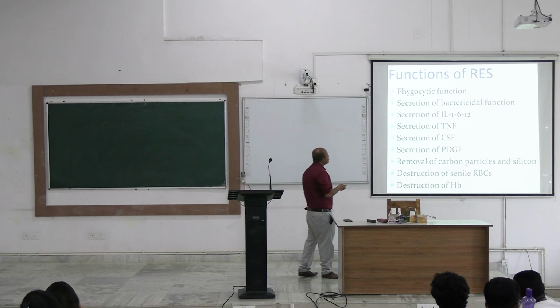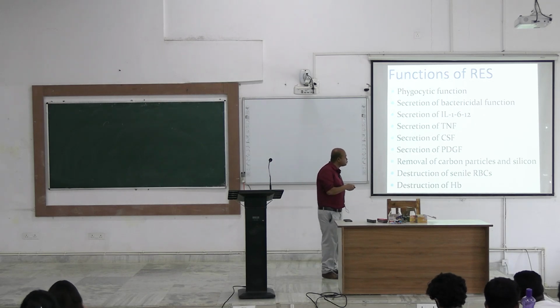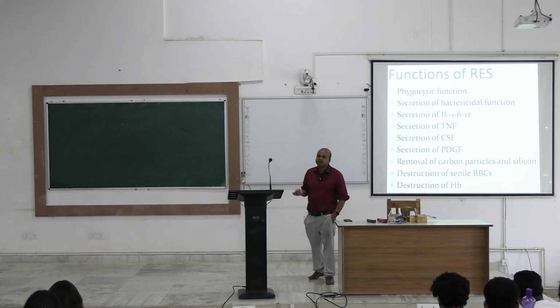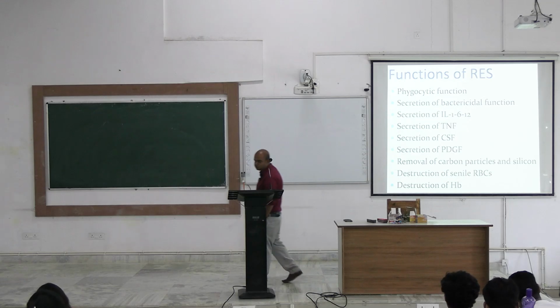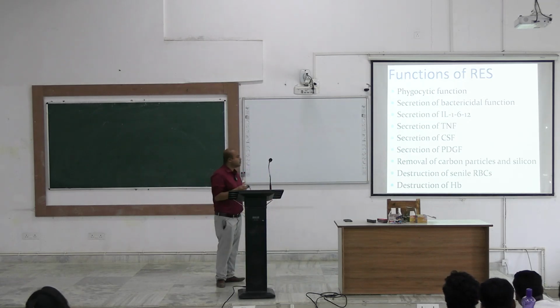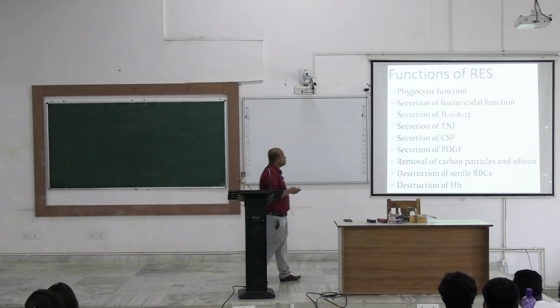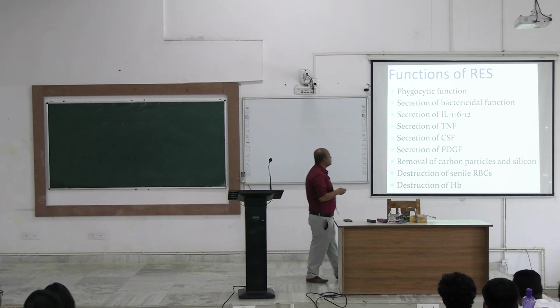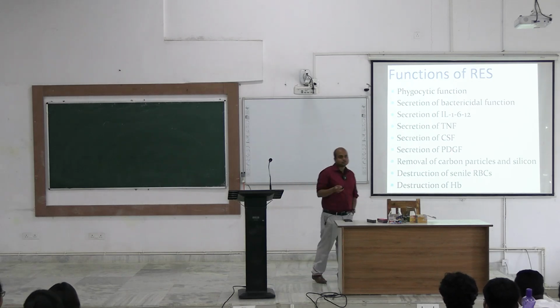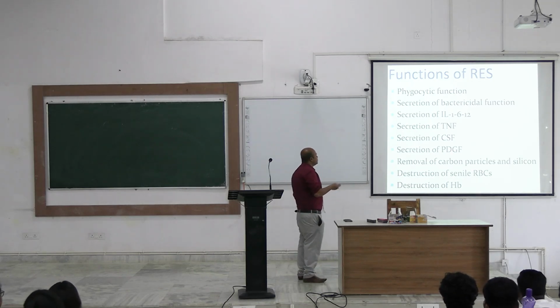Mainly, as spleen is also included, destruction of senile RBCs, destruction of hemoglobin is also considered as a part of the function of the reticuloendothelial system. But if you concentrate mainly on the immune functions, then phagocytosis and secretion of some products, like platelet derived growth factor and all those products, are functions of the reticuloendothelial system.